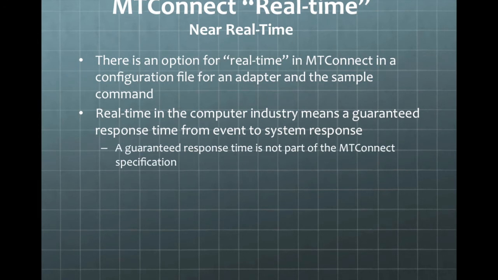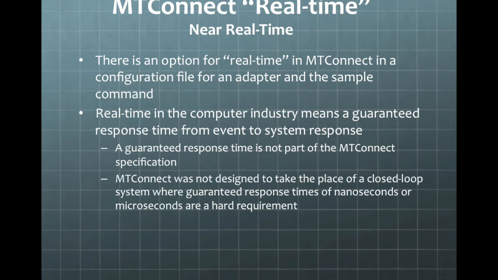This is not part of the MTConnect spec. As I alluded to on the previous slide, MTConnect was not designed to take the place of a closed-loop system where guaranteed response times of nanoseconds or microseconds are a hard requirement. If that's what you're looking at doing, then you're looking at having hardware directly on a controller with a very tight closed-loop system with some type of real-time operating system and real-time application on top of that.